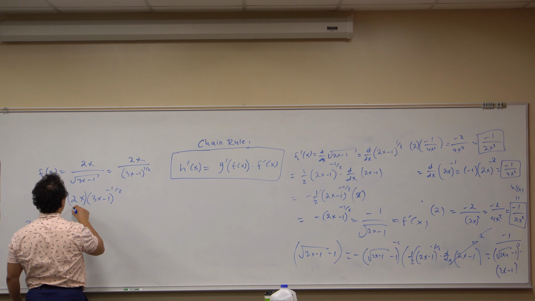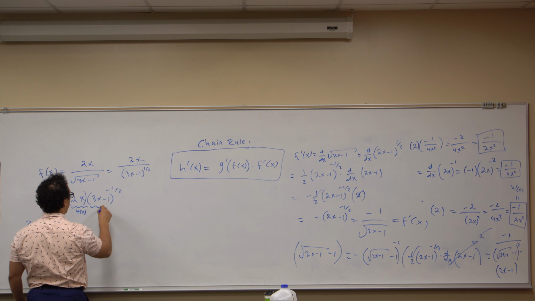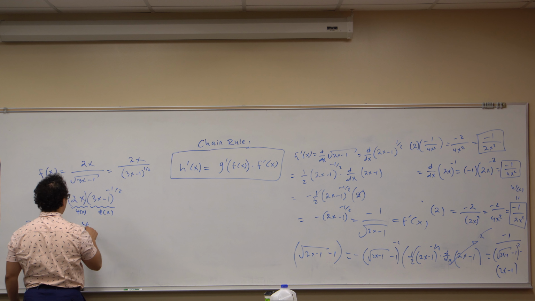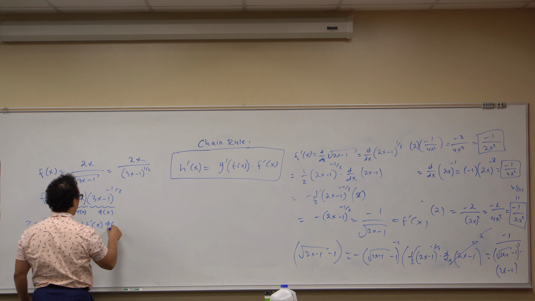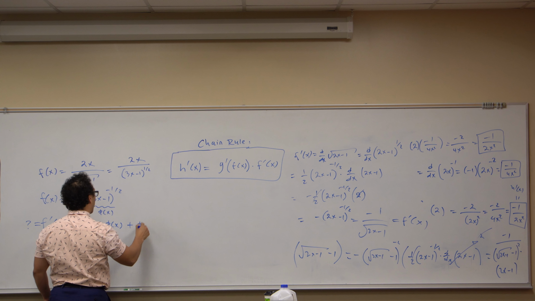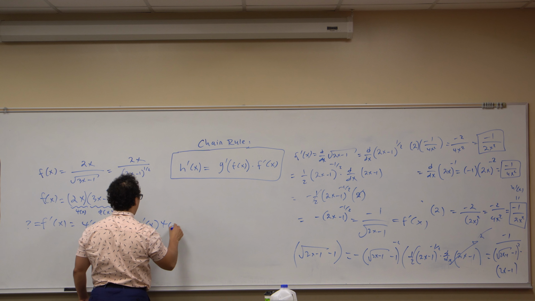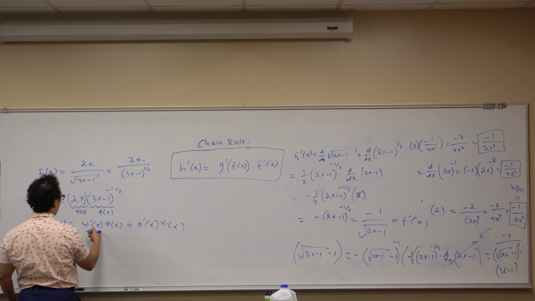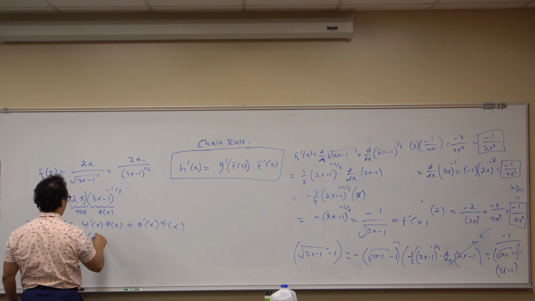This 2x can be a function in and of itself. Call it psi x. This function can be a function of itself, call it phi x. So f prime of x is going to be psi prime of x times phi of x plus phi prime of x times psi of x. Okay? So psi is 2x, so psi prime is going to be just a 2.